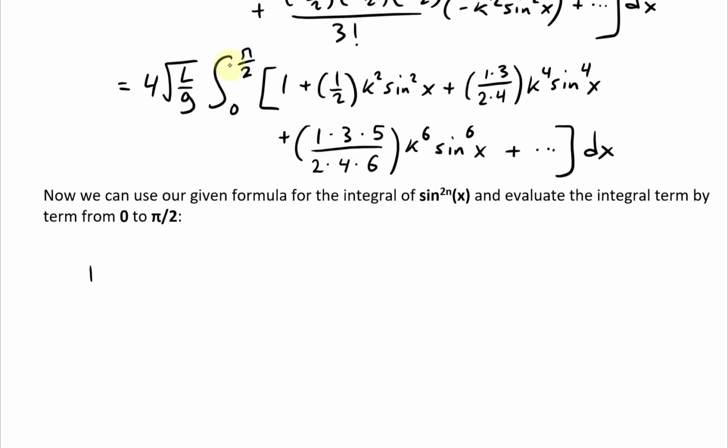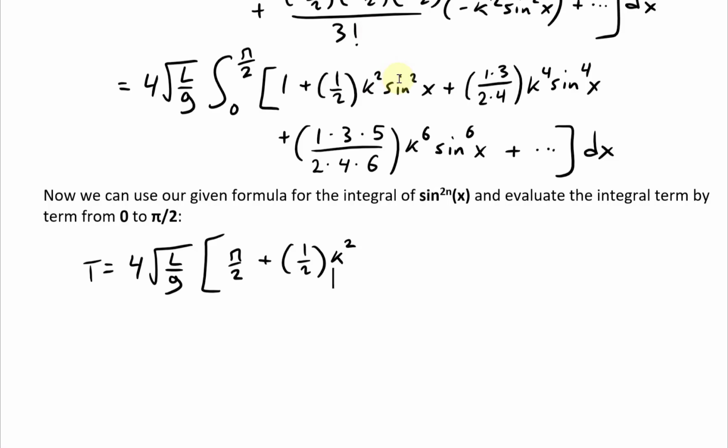So this is going to be t equals square root of L over g, and now we're going to have a bracket. The integral of 1 is x, which is going to be pi over 2 when you evaluate it. The next one, well, these are just constants, so this is going to be plus 1/2 k squared.